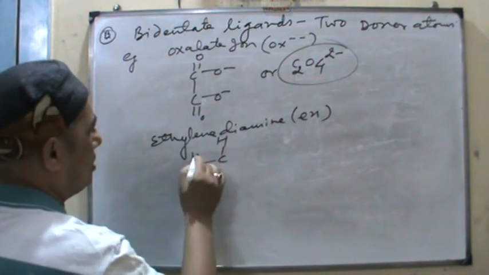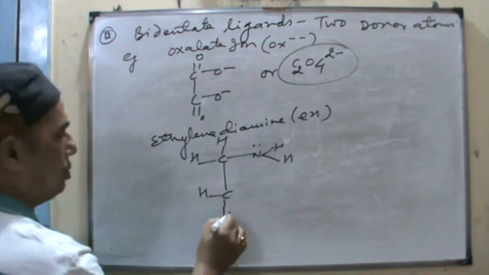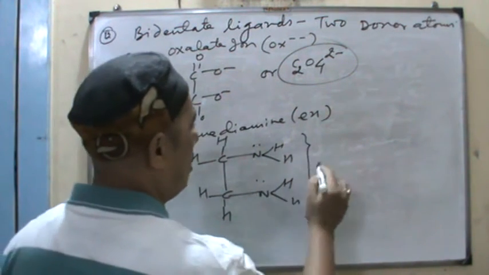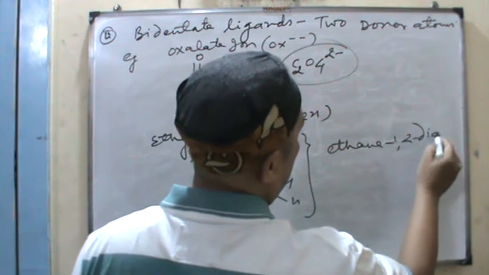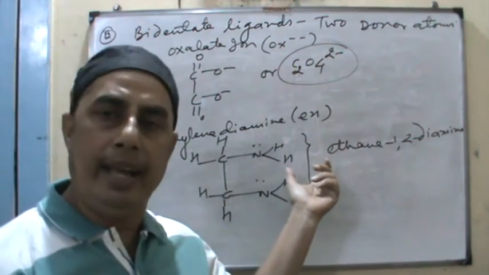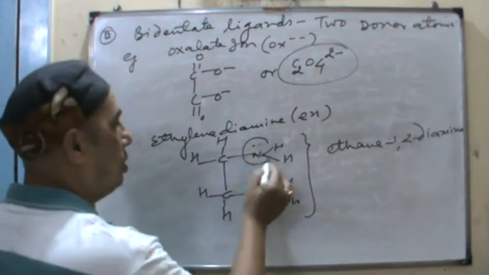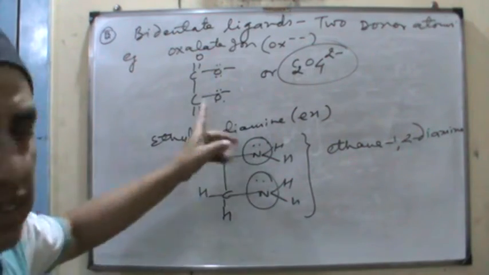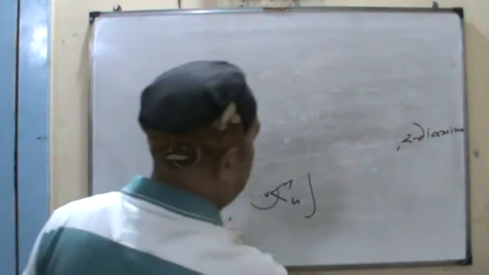The structure, you remember it, CH2 NH2 having lone pair, and CH2 NH2 having lone pair. So it is known as ethane 1,2 diamine. So either you can use ethylene diamine or in short en or ethane 1,2 diamine, because it contains 1 donor atom and other donor atom. Here it is the donor atom, here it is the donor atom. So oxalate and en are the best examples to explain bidentate ligand.